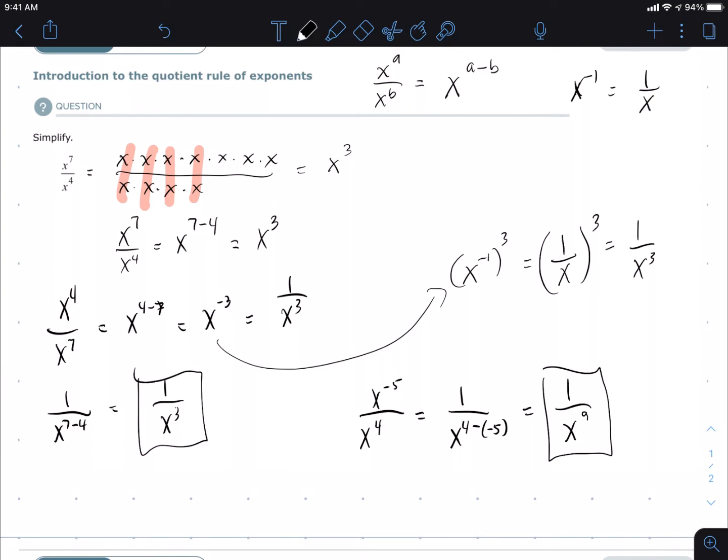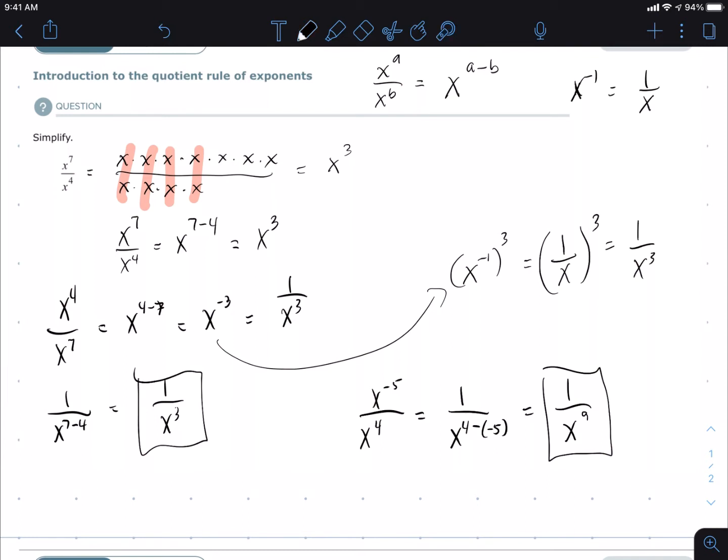And if you ever get confused, you can always go back old school. That will always work, okay, till you get comfortable with the rule. Because you can see by looking up here, right, we had 7 on top, 4 on the bottom. We ended up subtracting 4 from our number, right?